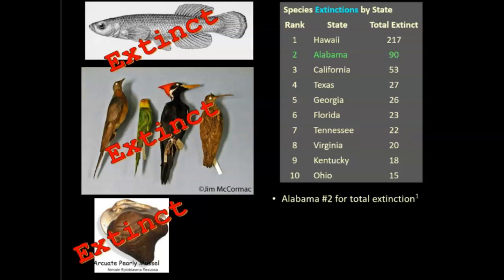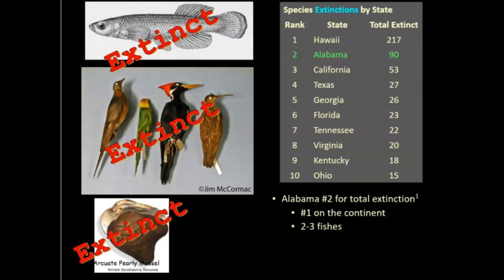California has the second highest number of extinctions on the continental U.S., and they're at 53 extinctions. So Alabama has seen a disproportionate loss of species in its time. And there's a couple of reasons for that, and that involves how we have treated our rivers.